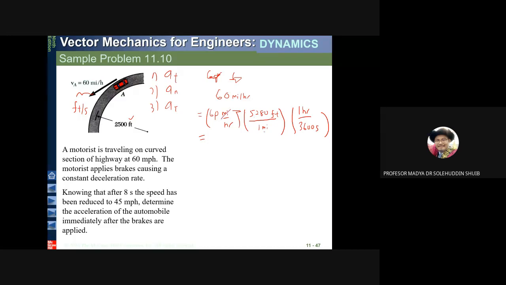So we do the calculation. The mile cancels, the hour cancels, and the only remaining unit is feet per second.